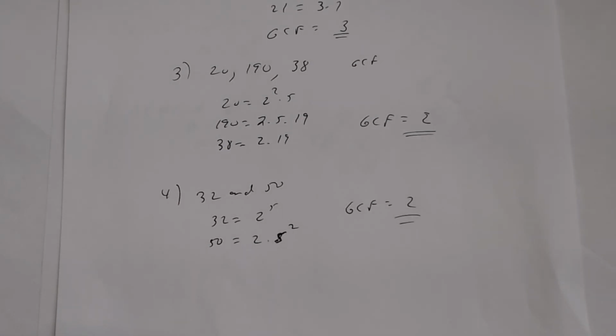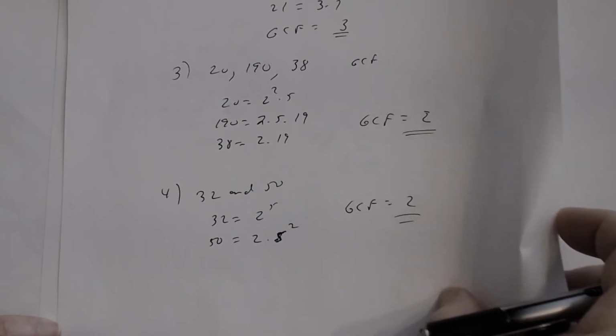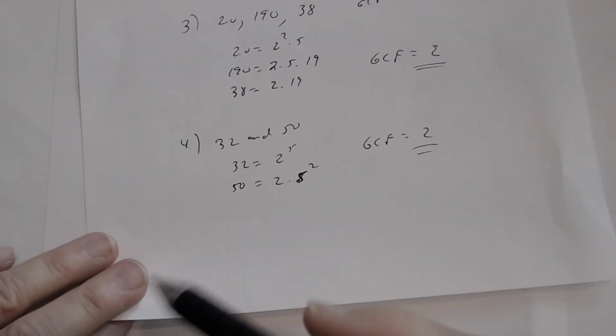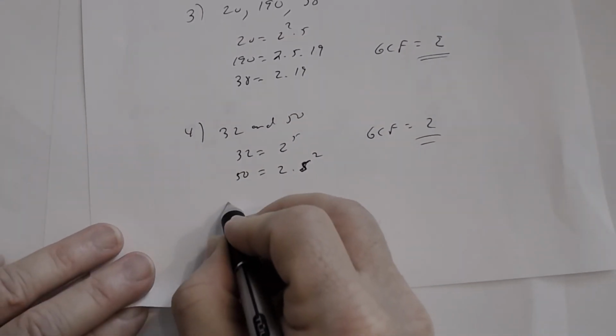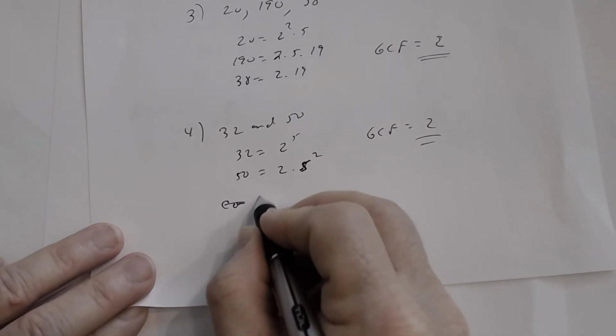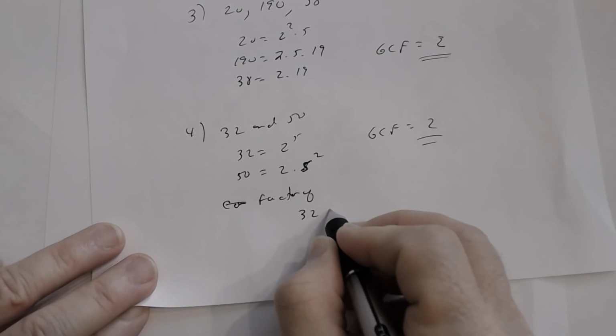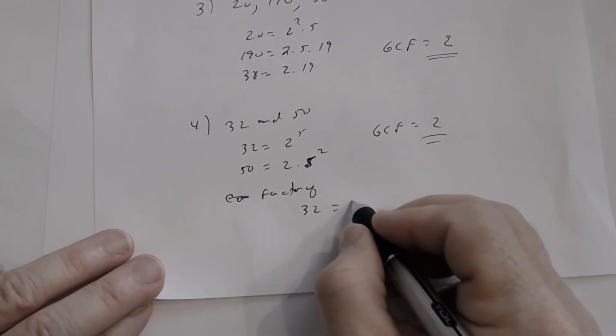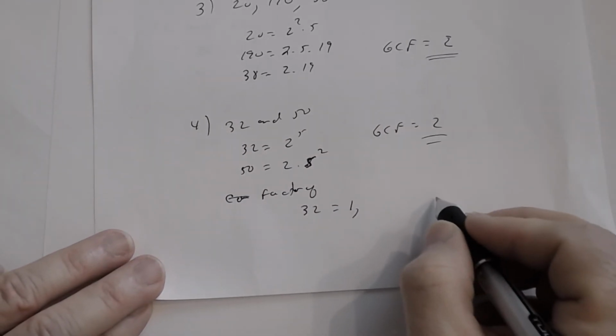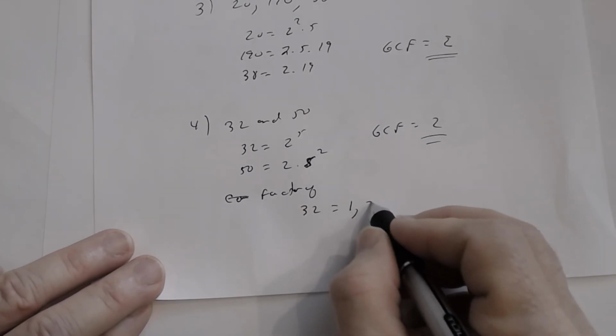All right, and I want to show you this. Let's look at the factors of 32. The factors of 32 are 1, and 1 times 32, so 32 is a factor as well, right?